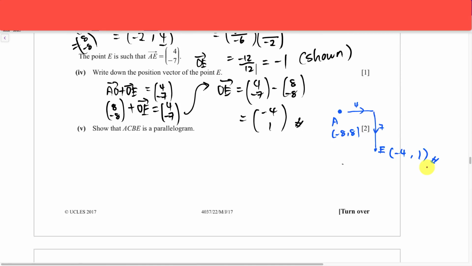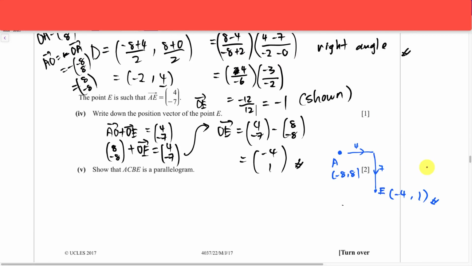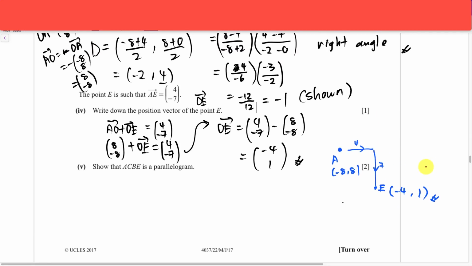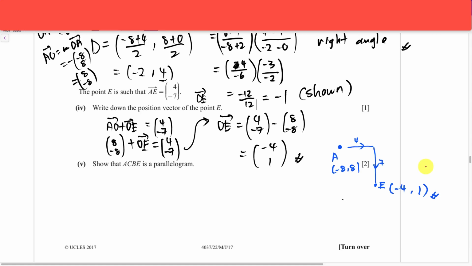Show that it's a parallelogram. So in order to show the parallelogram, actually you have 2 ways. One of the ways I like to use is to show both diagonals have the same midpoint if they are parallelograms. Okay, so for A, B, C, D, the midpoint of AC should equal the midpoint of BD.